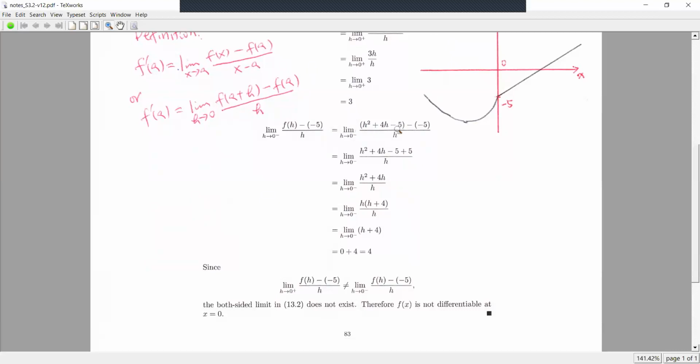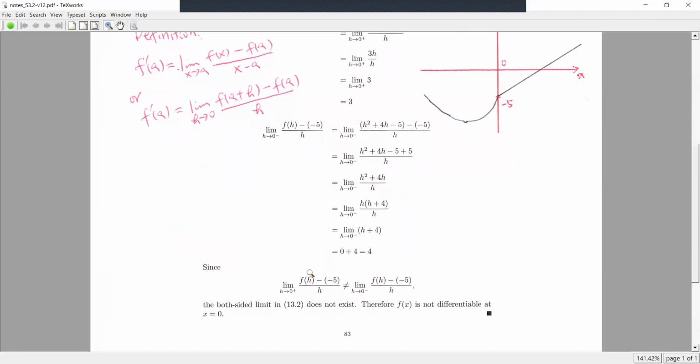Remove the parentheses, then I have this equation. Cancel the number 5, I have this equation. Take out h from the top and cancel h, then I have this equation. Now h approaches 0. Plug in 0 for h, then this limit is this number. The number is 4. So left-hand side limit is 4.